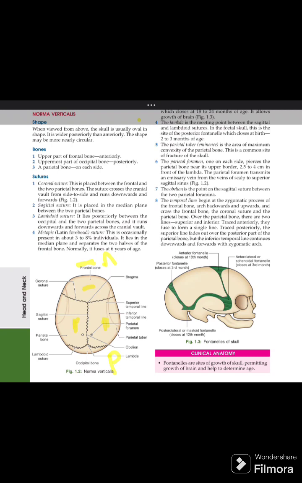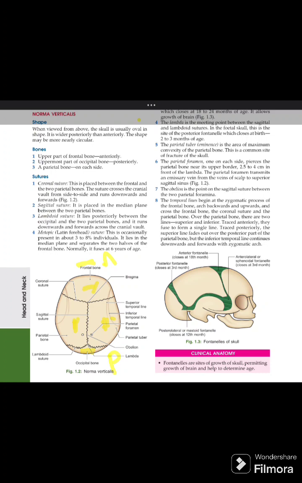You can see my mark. Then in the posterior part, this is the occipital bone. So there are three bones that comprise the Norma verticalis. One is your frontal bone at the anterior part. Another two bones are joined by a suture. This is called a suture. You can see the joining. So these are the parietal bones, and the third is your occipital bone.